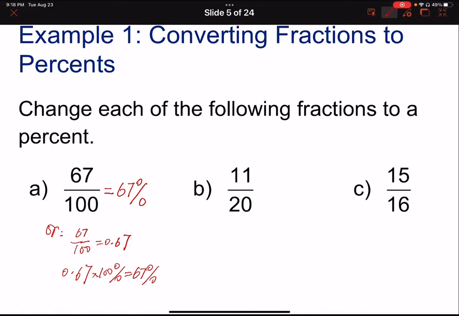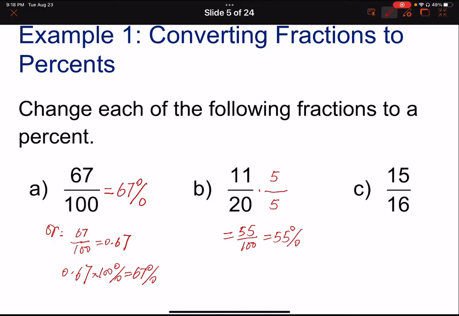Now 11 over 20. Okay, here a quick way to do this is, remember percent always is the ratio of a number to 100. So the bottom is 20. You can multiply the bottom by 5 to get 100. But to keep the value unchanged, you need to multiply the top by 5. So therefore, you have 55 over 100, which obviously by definition is 55%.